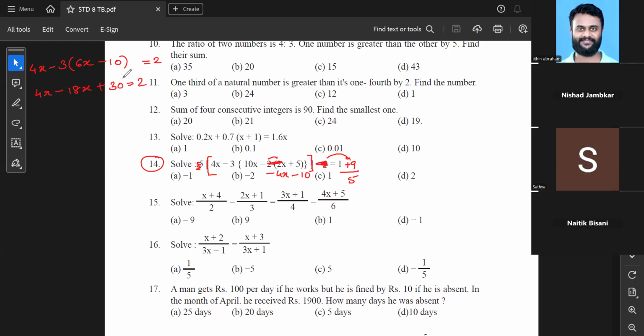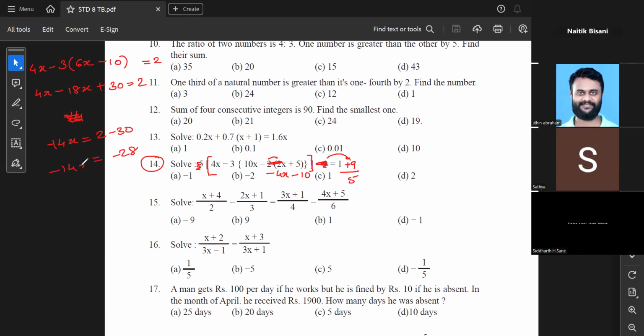Again, you can do the same thing. You can take 30 to the other side. You'll get 4 minus 18, minus 14 on this side, and 2 minus 30 on the other side, that gives you minus 28 and minus 14x.